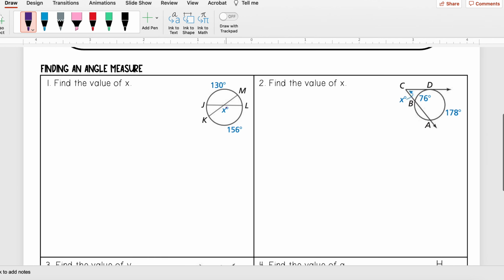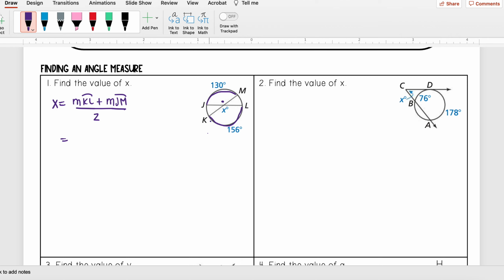And so I see that x here is going to equal its intercepted arc, KL, plus its vertical angle's intercepted arc, so that's just this angle right here, JM, divided by 2.